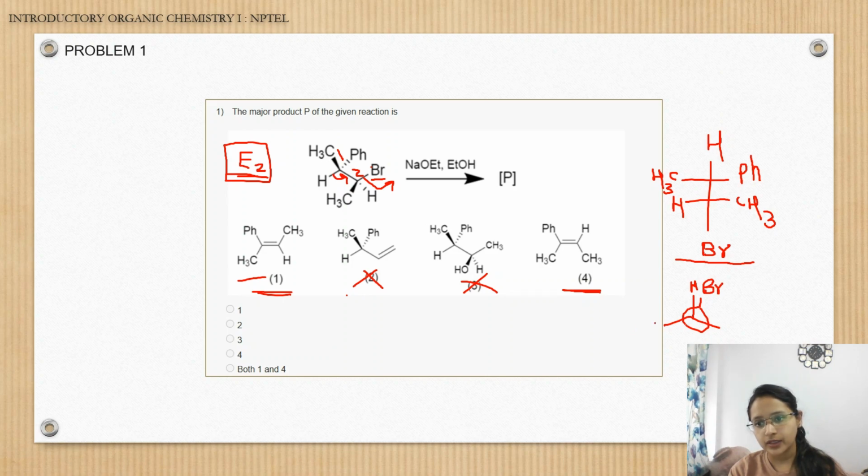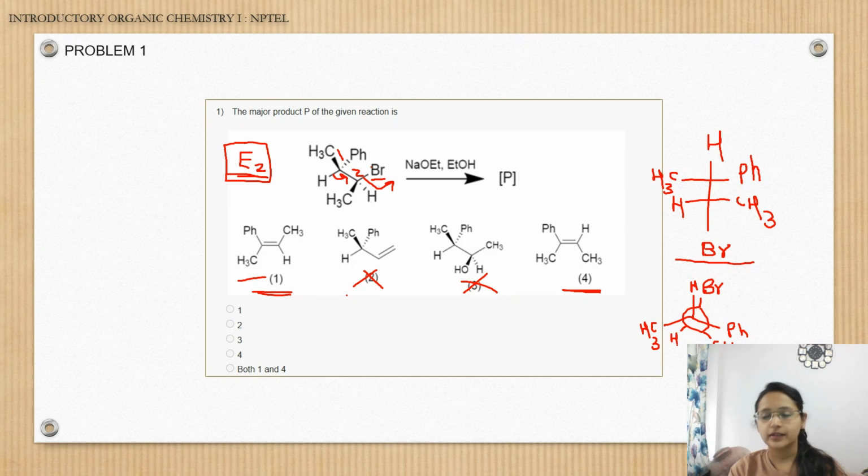So after H, you have this methyl here and this Ph. Now drawing the eclipsed configuration. So here you will have this methyl again and hydrogen this side.